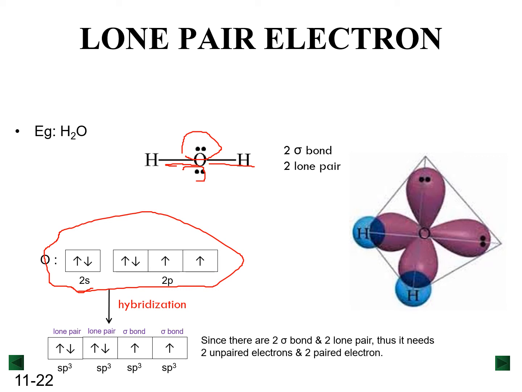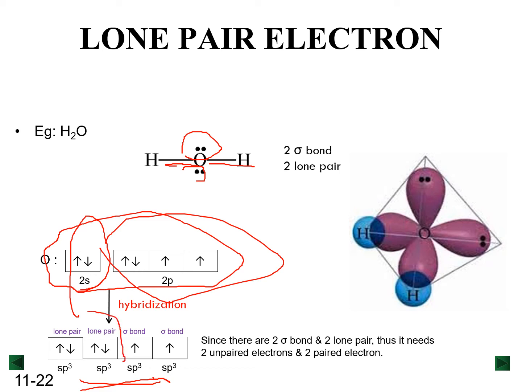So what we need to do is mix one s orbital with 3p orbital to form 4 sp3 hybrid orbitals, and 2 sp3 hybrid orbitals will be occupied with the 2 paired electrons.